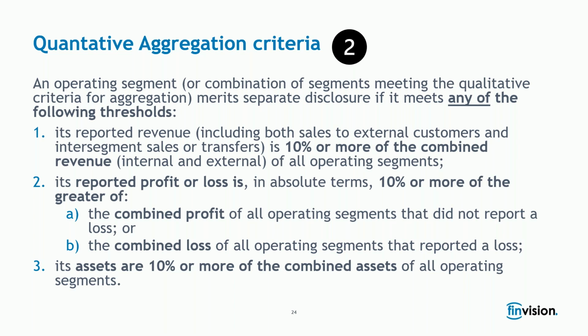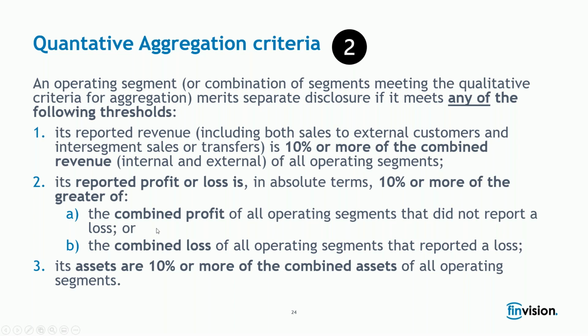So 10% or more, it's a separately reportable segment. Second one, if the reported profit or loss is in absolute terms 10% or more of the greater, and it will depend whether you look at profits or at loss, of the combined profit of all profit-making operating segments, then you should report it separately.